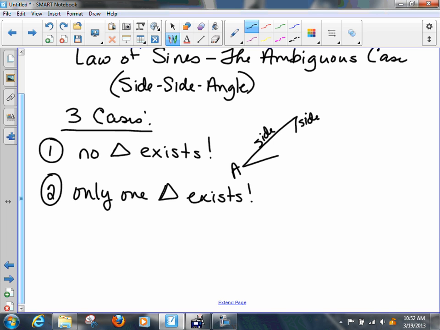What's going to happen is you're going to work. The work is the same. You're going to find the angle, find the side opposite, tie them together, set up the ratio, cross multiply, and solve. The process is the same, but when does only one triangle exist? It only exists when we have this right here.